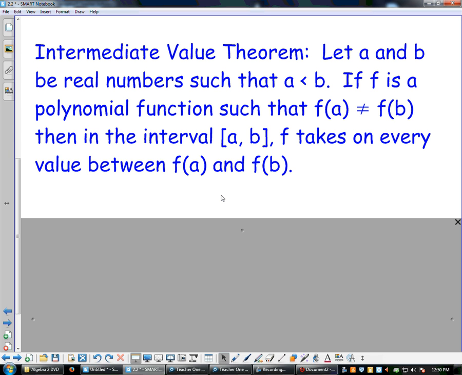The intermediate value theorem says: let a and b be real numbers such that a is less than b. If f is a polynomial function, so that f of a is not equal to f of b, then in the interval from a to b, f will take on every value between f of a and f of b.